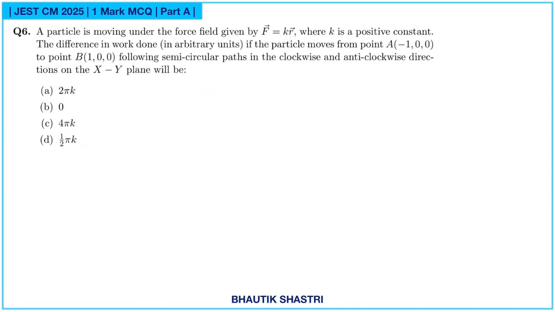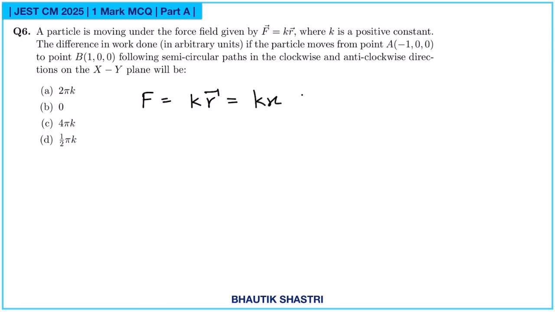Next question. A particle under the force field given by F is equal to k r, where k is a positive constant, the difference in work done if the particle moves from point A to point B following semicircular paths in the clockwise and anti-clockwise directions on the xy plane will be. F is given, this is k r bar.